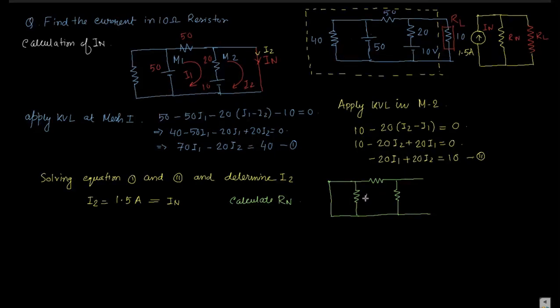This is the 40 ohm, this is the 50 ohm, and this is the 20 ohm, as it is given in the previous one. So this is A, this is B, and this is nothing but the Rn, the Norton's resistance.